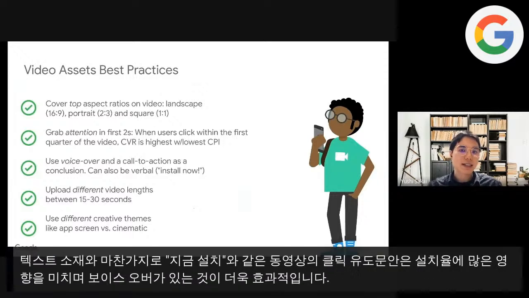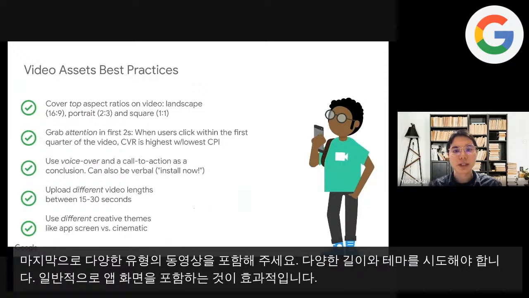Same as text assets, a call to action in your video like install now affects the install rate a lot, and it is much better to have a voice for it as well. Lastly, please include different types of videos. You should try a variety of lengths and themes. In many cases, including your app screen is effective.